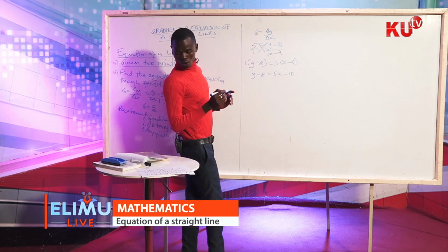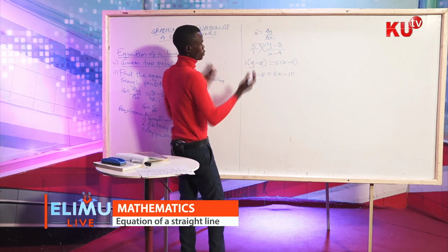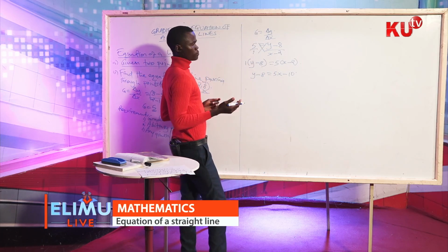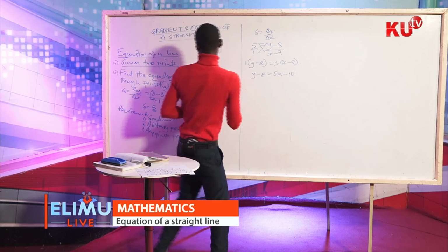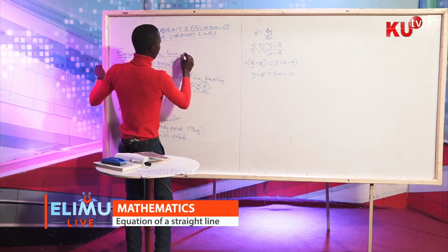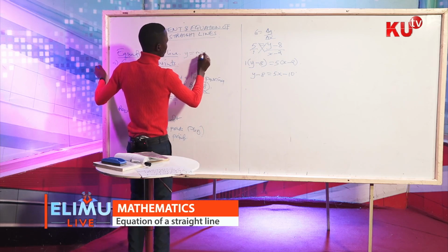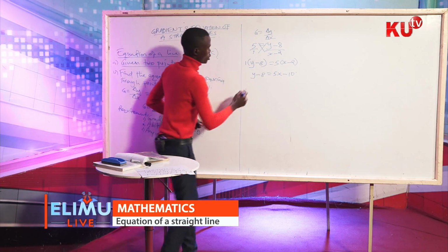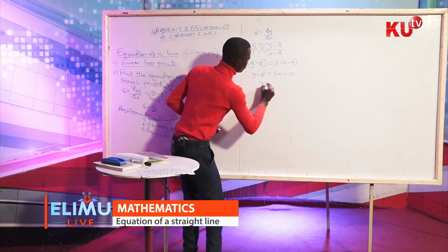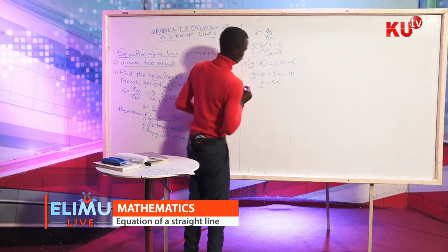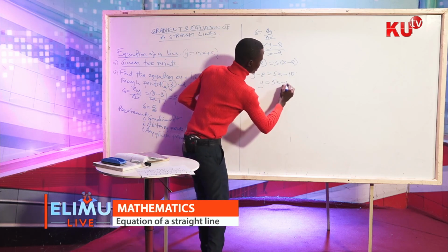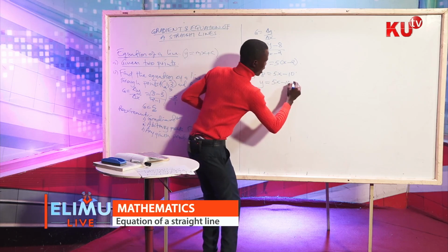So we want to form the equation, and in most cases the equation is always in the form of y equals mx plus c. I will explain that later. Now here we are going to have y equals 5x minus 10 plus 8.